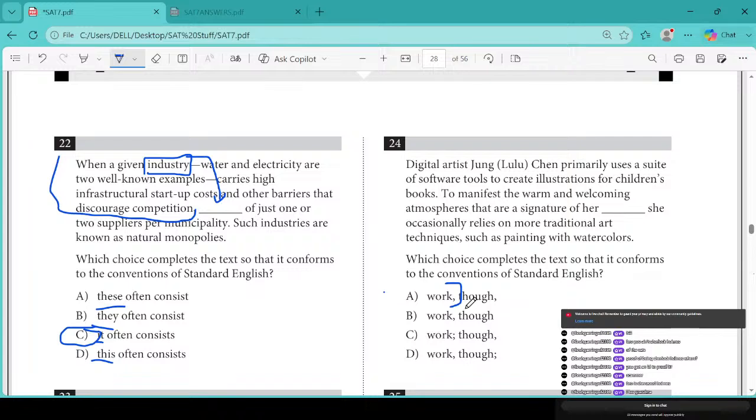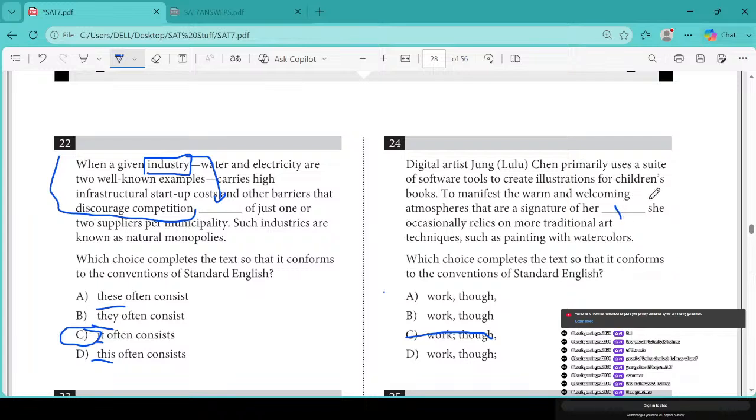That thing up until work is not an independent clause. It cannot stand alone as a sentence. So it cannot be C, because that would separate the clause and make it a sentence on its own, but because it's a dependent clause, it can't be used as a sentence.